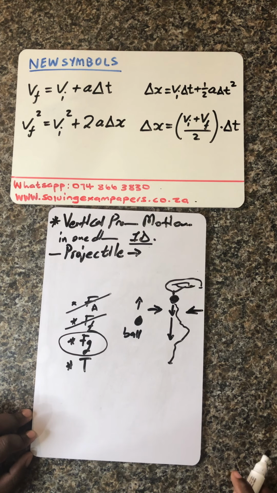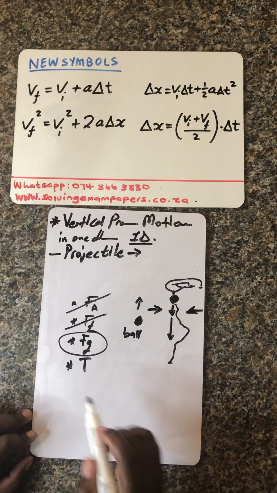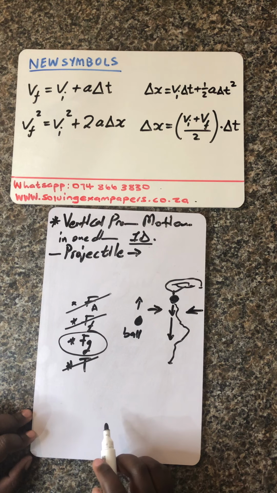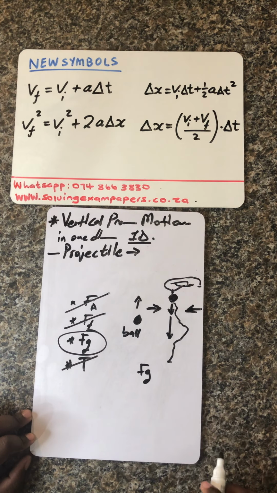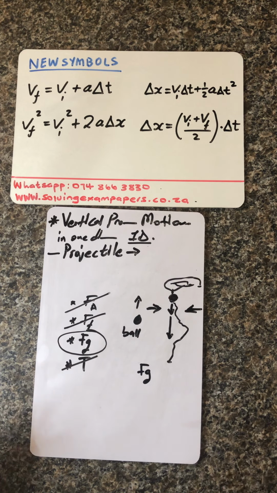Okay, so that's why we are saying a projectile is an object upon which the only force, ladies and gentlemen, acting is the force of gravity. No tension, no any other type of force, but only force of gravity. Okay, very much.